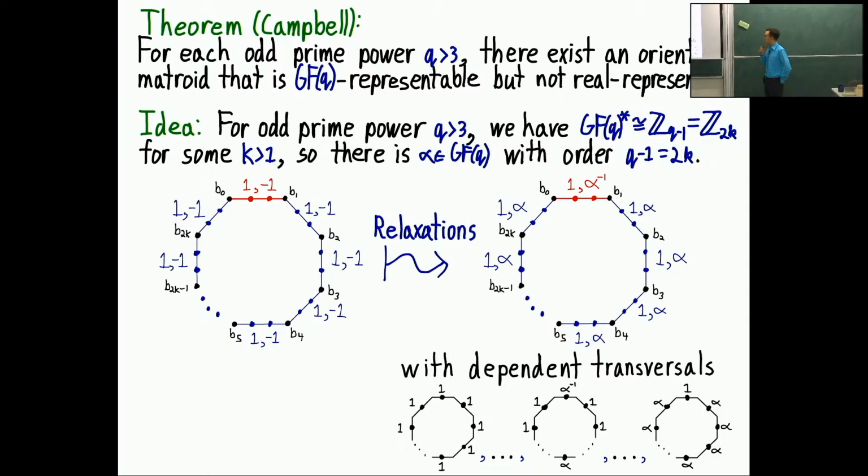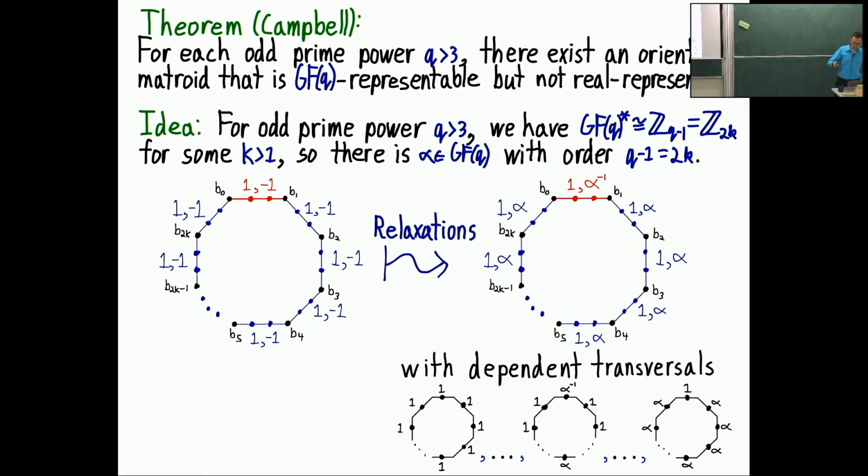Yeah, so this should be somewhat familiar if you've seen the previous talk. And this type of idea of using relaxations can be used for even powers where the order is composite in a different fashion.